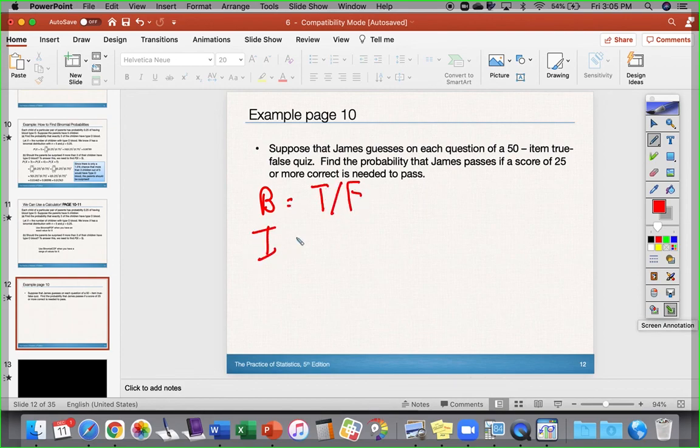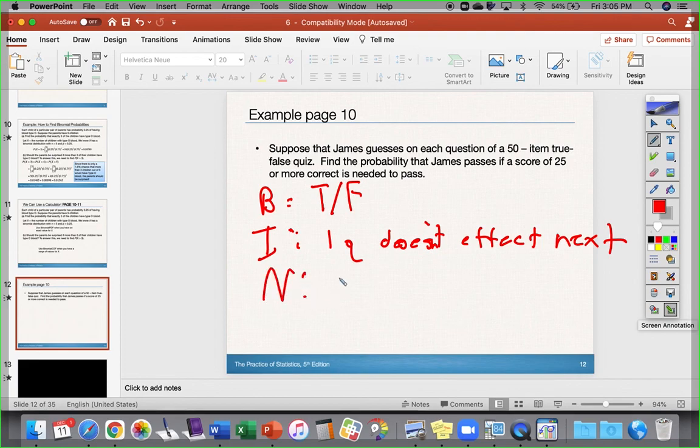It is independent because one question doesn't affect the next. 50 questions, the number of successes on true-false will be 50% for guessing. So it fits all the needs of being binomial.